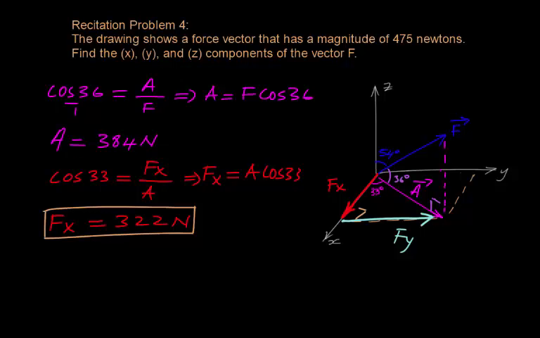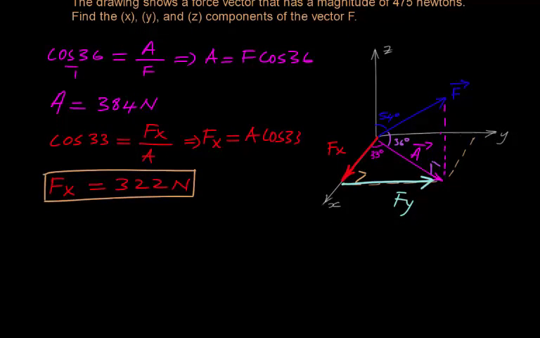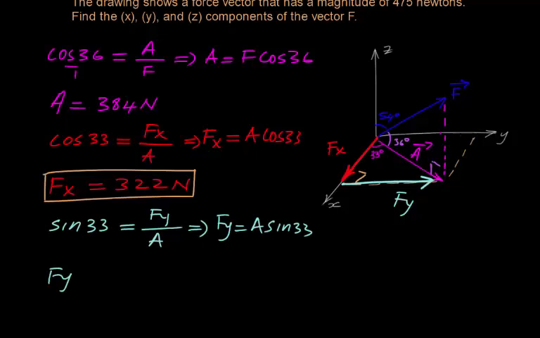So you can easily solve for it by using the trig function sine. The sine 33 equals fy, opposite, divided by the hypotenuse, which is A. Isolate the fy, you get A sine 33. Put together that information, you find fy to equal 209 newtons.